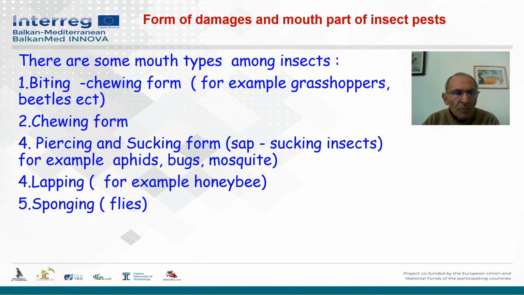This group includes aphids, bugs, mosquitoes, etc. Lapping form, for example, honeybee. Another form is sponging; for example, we find this kind of apparatus in flies.